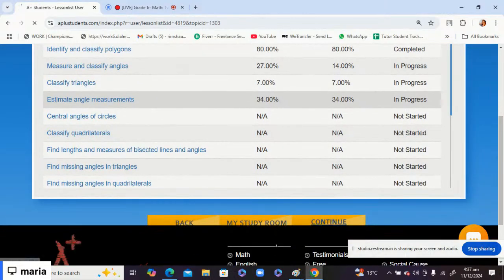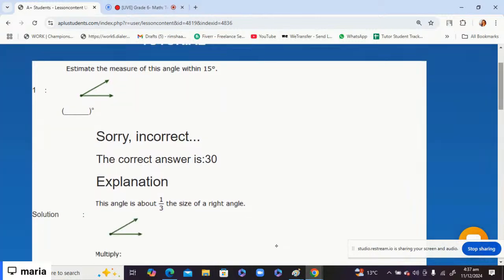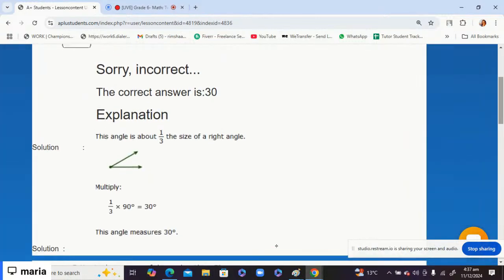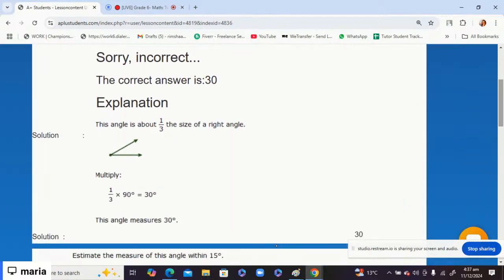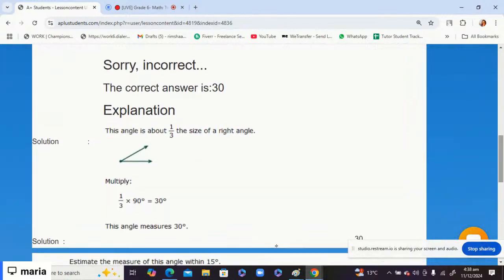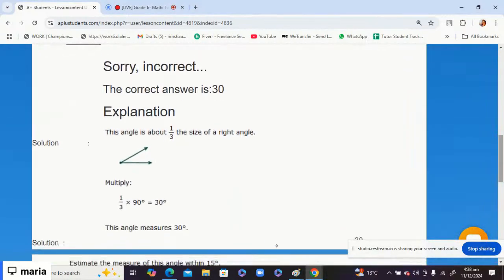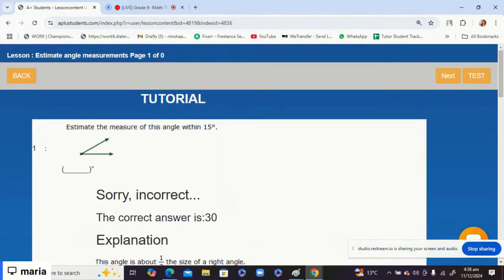Okay, it's just an estimation. So if it's like 15 degrees given here, we are going to check it out. Always 1 by third the size of the right angle. We can say that, and 1 by third size when we are going to find.